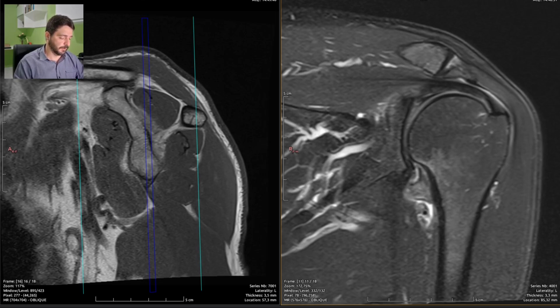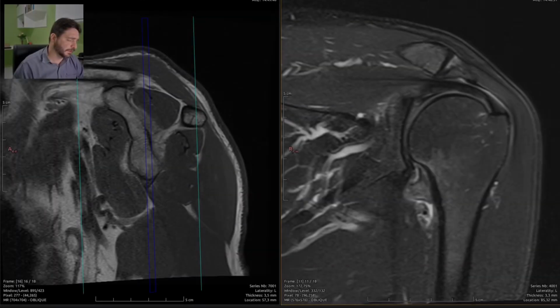And we have a thickening and a mid-split tear of the intraarticular portion of the long head of the biceps tendon. And bursitis, and muscles are fine.